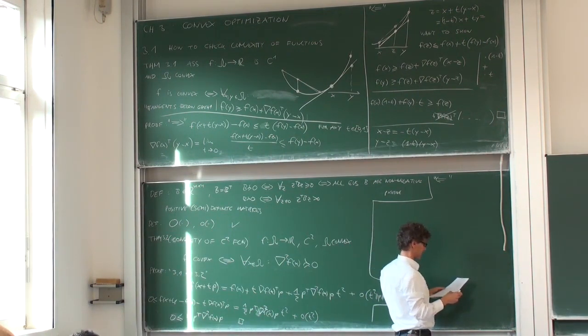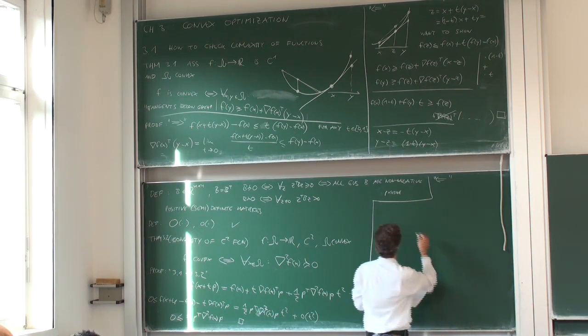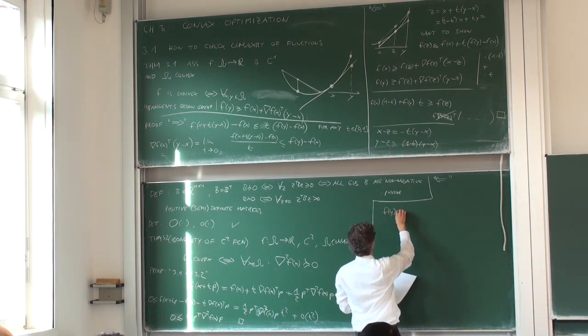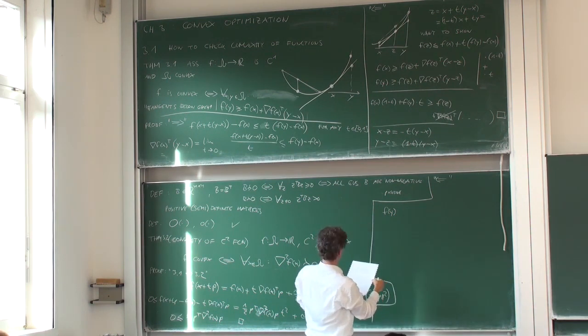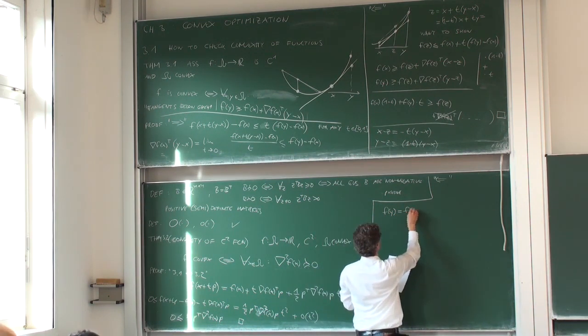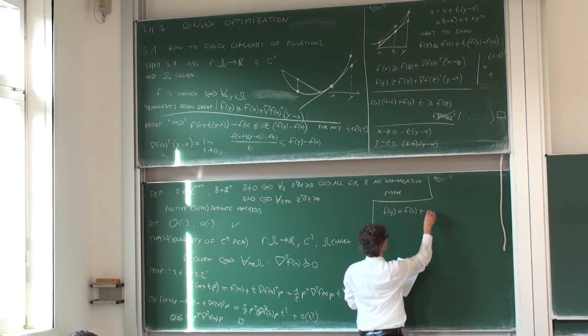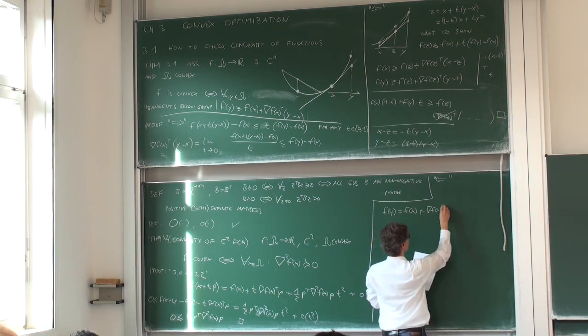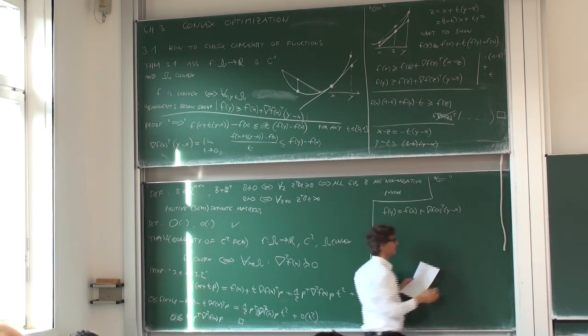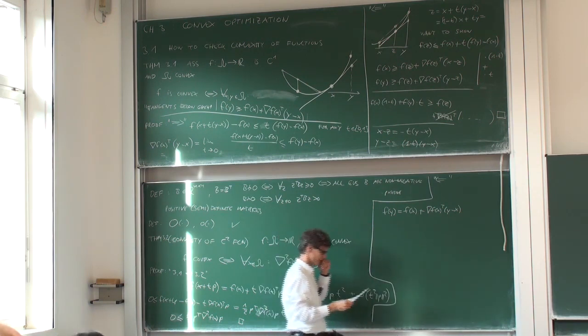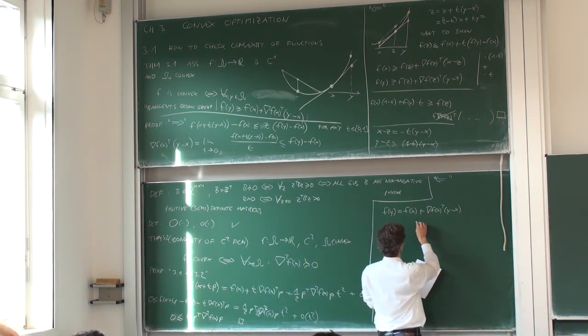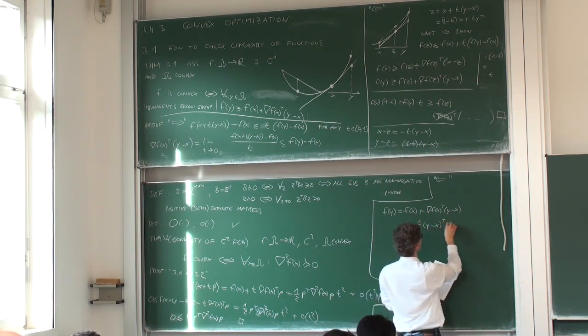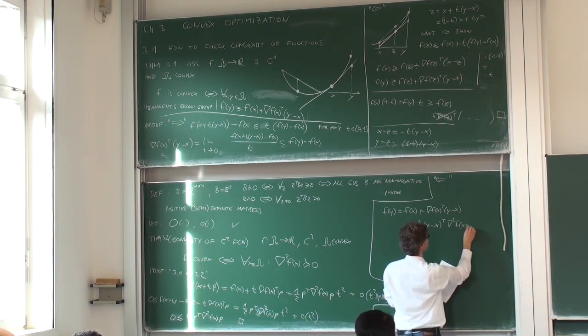Here we want to actually show that something is bigger. So we take f of y at one point, and we want to compare it with a Taylor series at f of x. Here we take the first order Taylor series at x, with y minus x. Then we use the Taylor remainder formula, which in this case says we can just use 1/2 y minus x transpose, and then the Hessian evaluated at some point in between x and y.